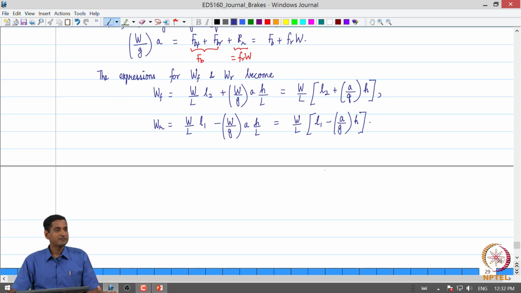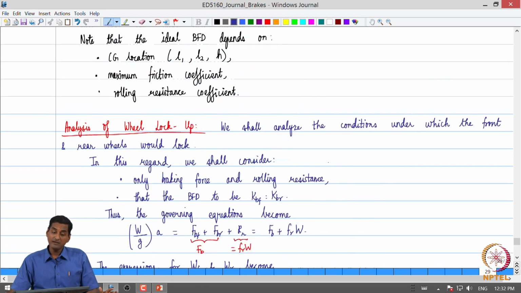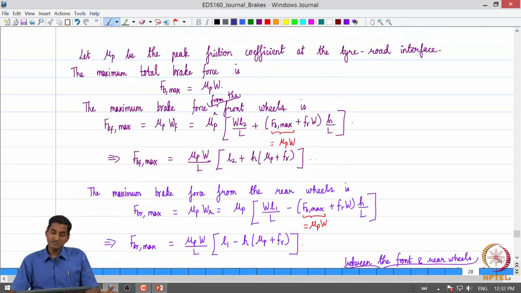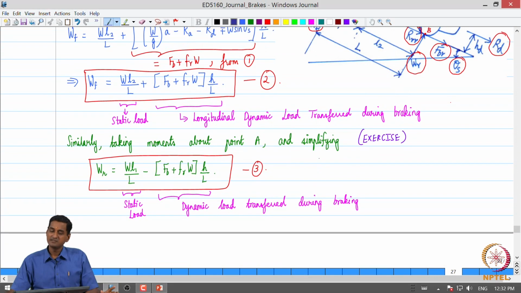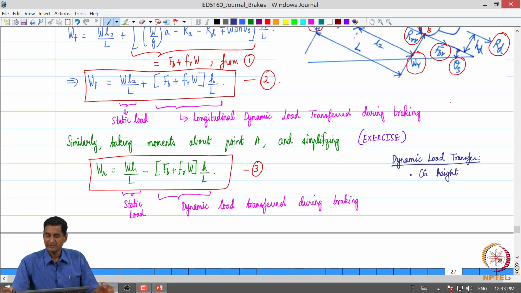Once again we can see the effect of dynamic load transfer. By the way, one important point that we should observe, particularly with respect to dynamic load transfer, is that the dynamic load transfer is dependent on the CG height, because what is the dynamic load transfer in this case? It is FB plus FRW times h/L. FRW is going to be small when compared to the braking force.